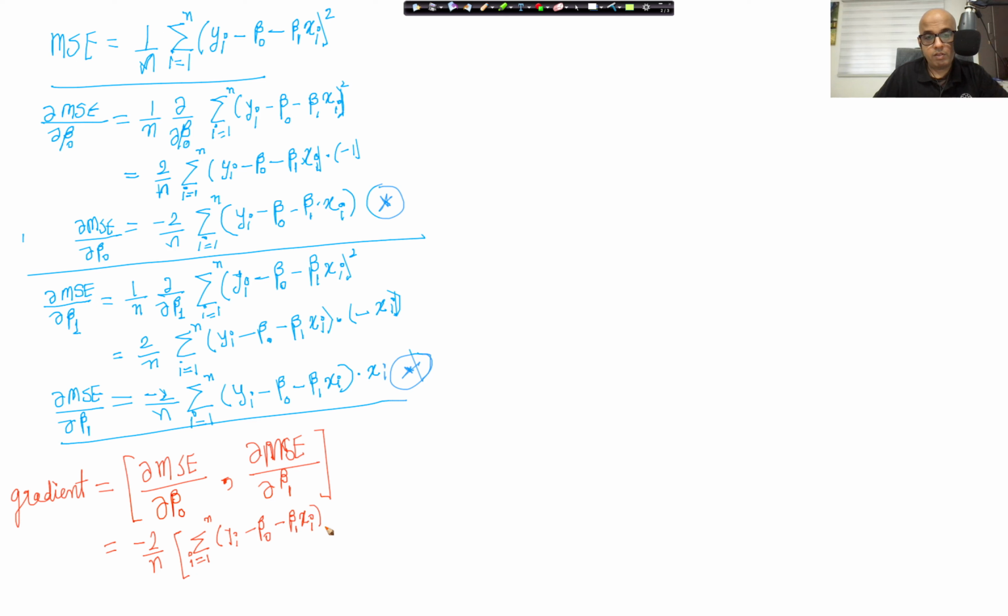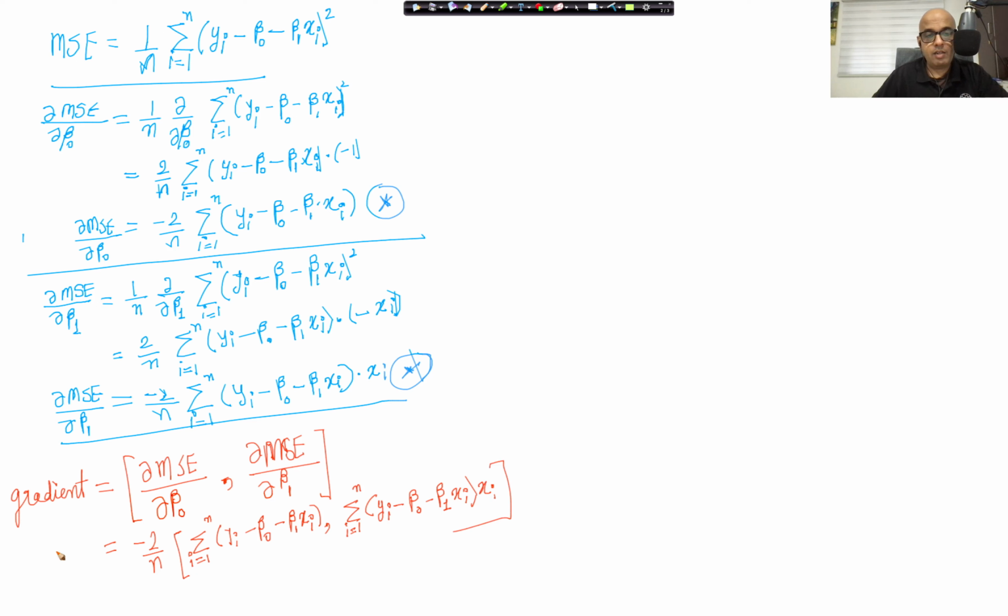That's the first term, and then the second term is the summation of i equal to 1 to n of y of i minus beta 0 minus beta 1 x of i, and outside of the parenthesis we have the x of i again.